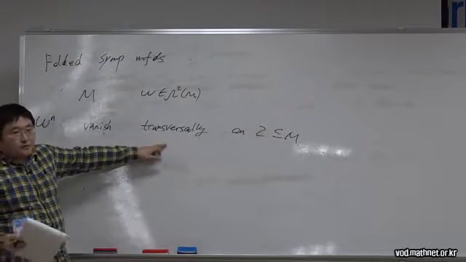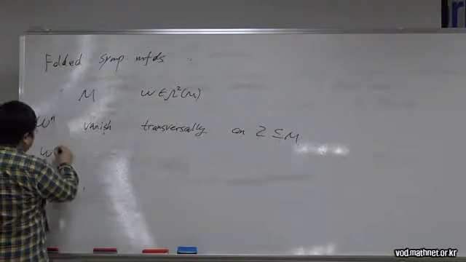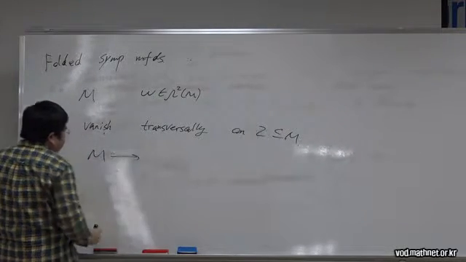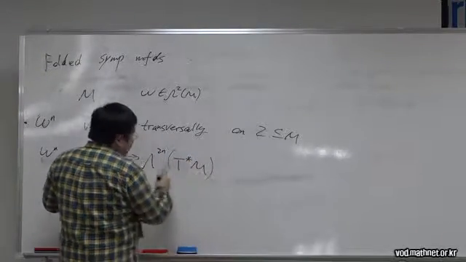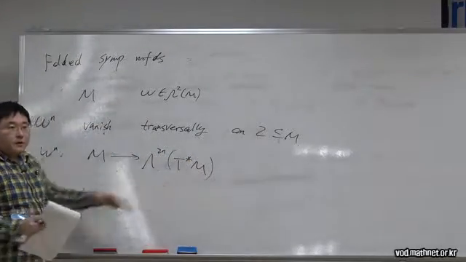Here the transverse means omega to the n can be viewed as a section from M to this line bundle.